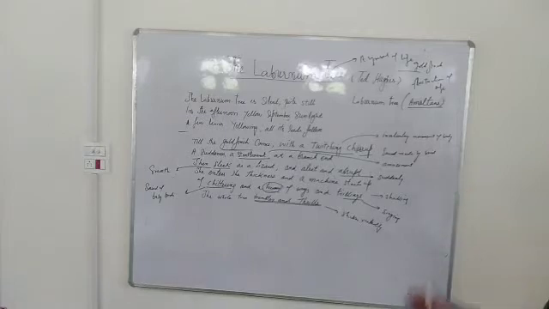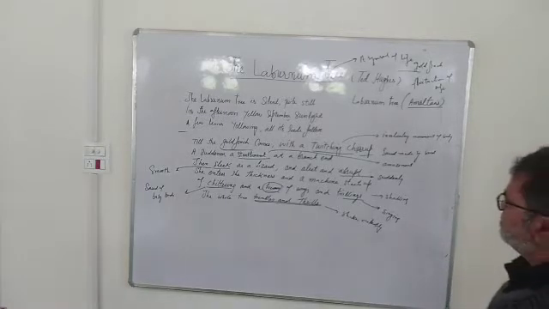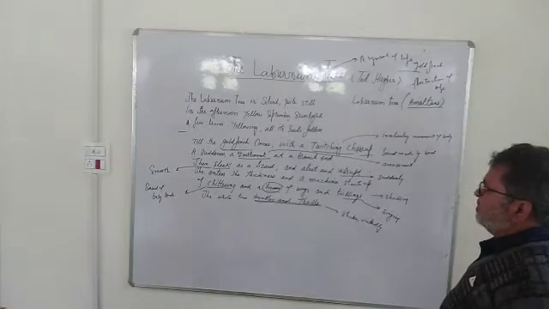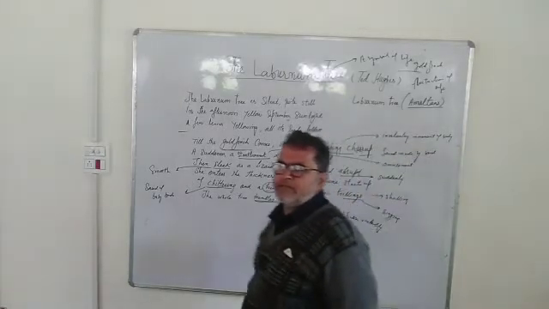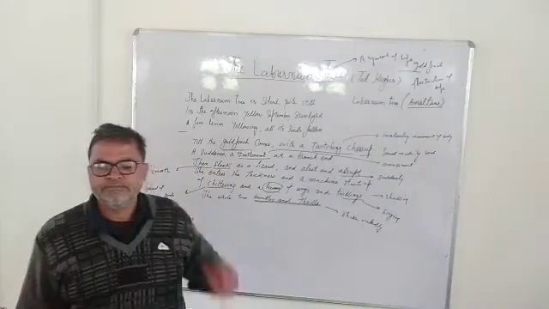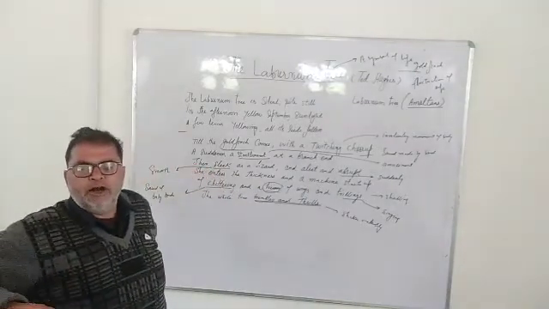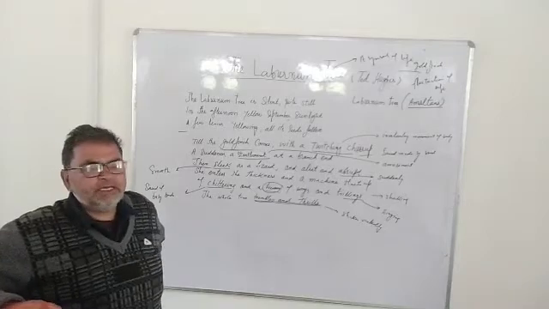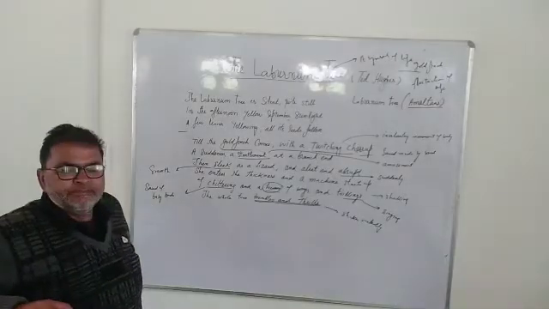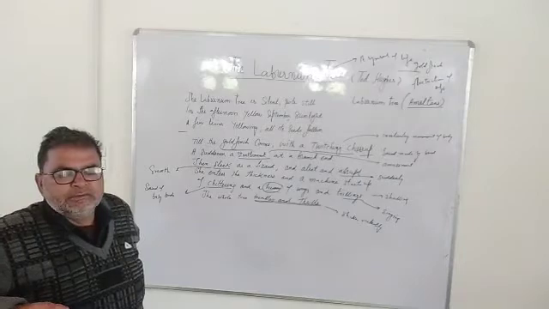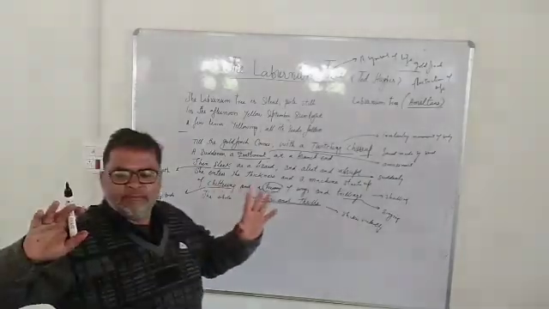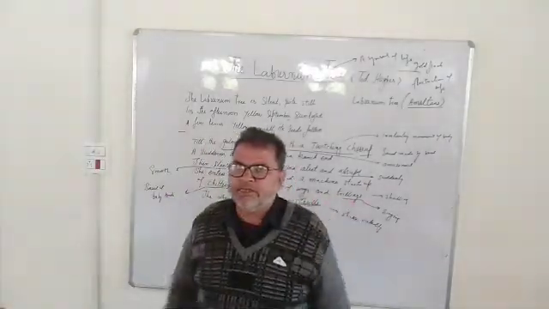The poet has described the laburnum tree in the autumn season. It is a beautiful sunny autumn. The laburnum tree is silent and still. There is no movement on the tree.